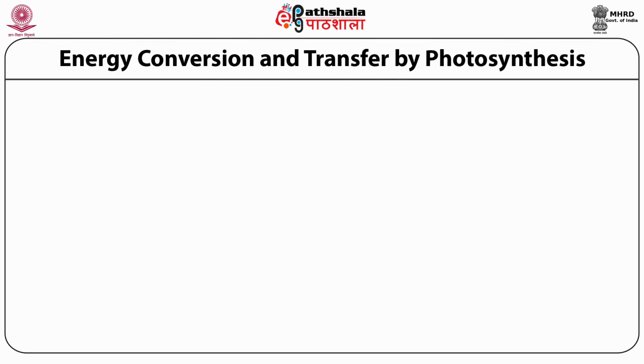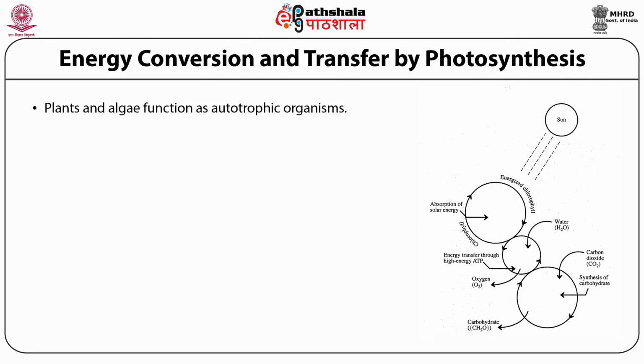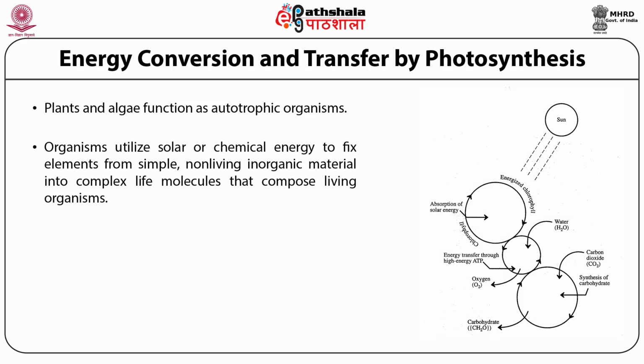Energy conversion and transfer by photosynthesis. Generally plants and algae function as autotrophic organisms which utilize solar or chemical energy to fix elements from simple non-living inorganic material into the complex molecules that compose living organisms.